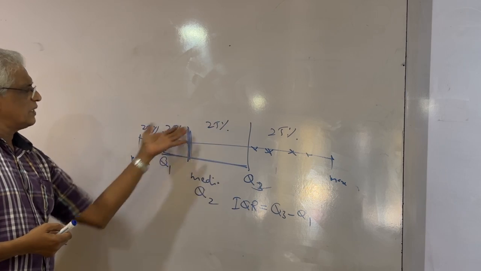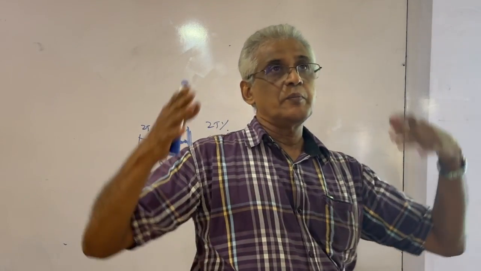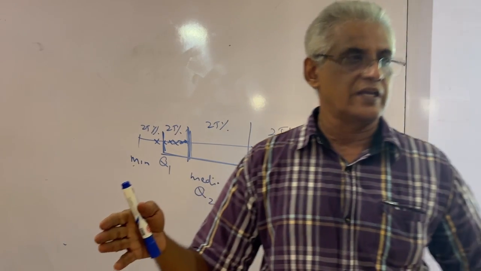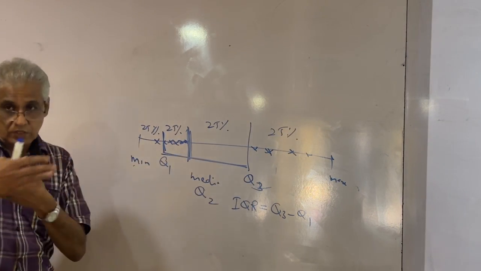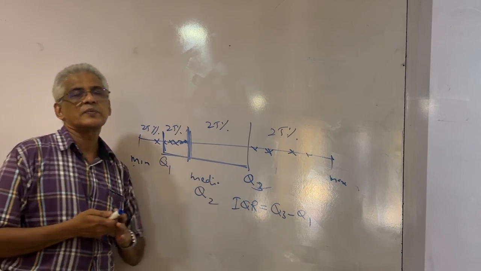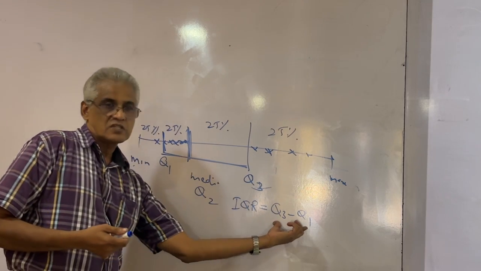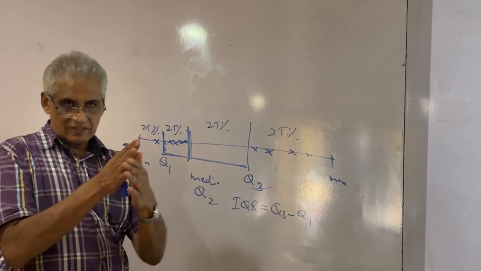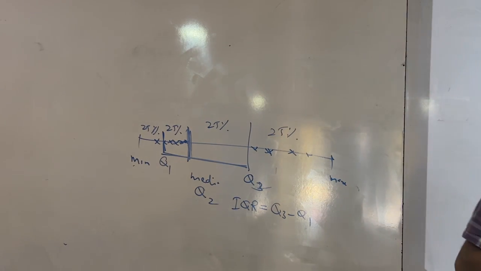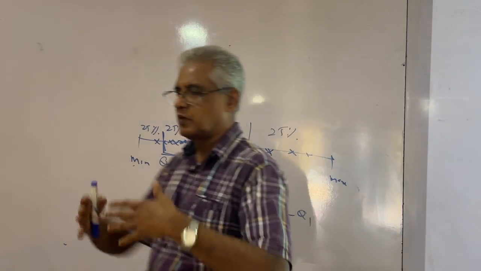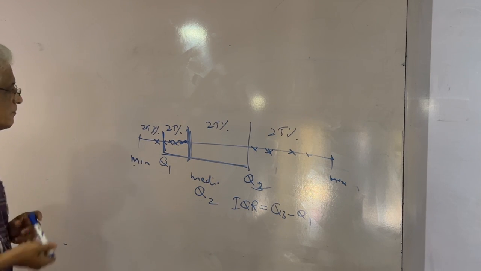And you can interpret that as the range where the middle 50% of the data lies, around the median. Right? So in that sense, it gives you some idea about the spread of the middle 50% of the data around the median.